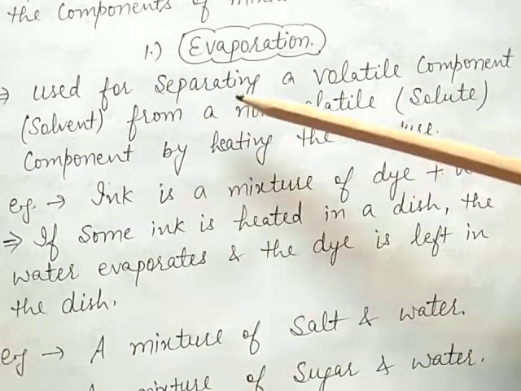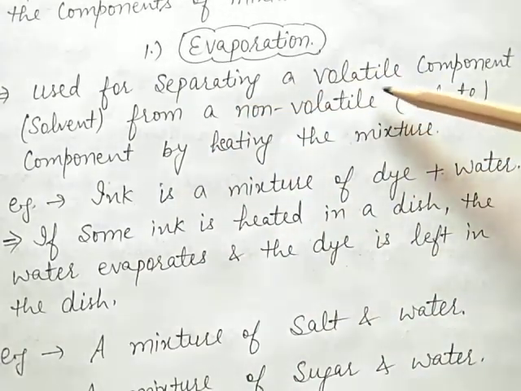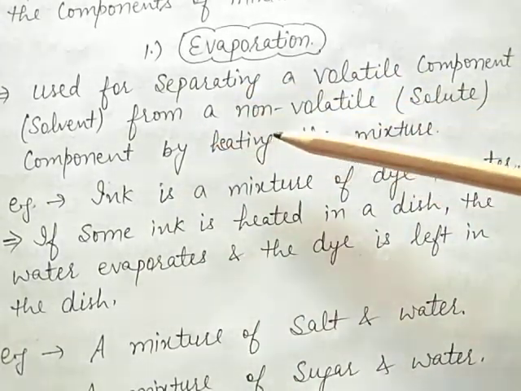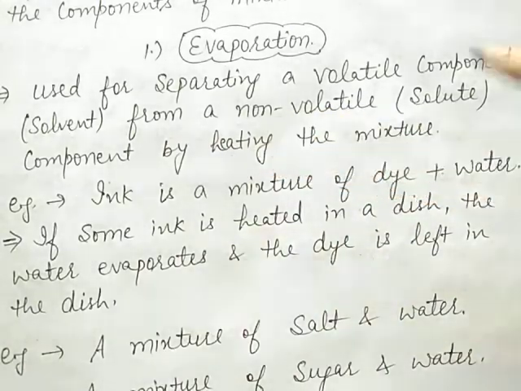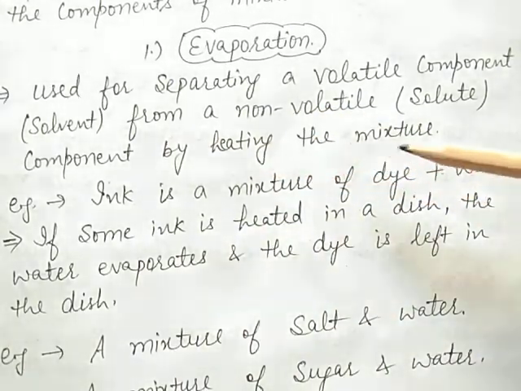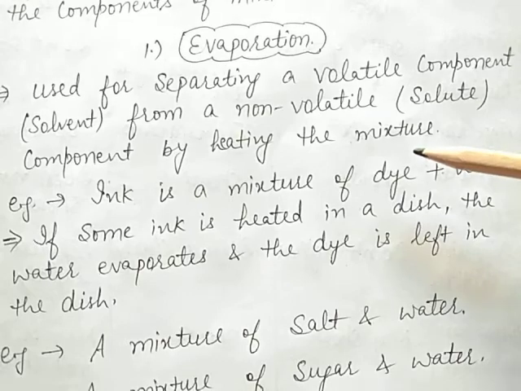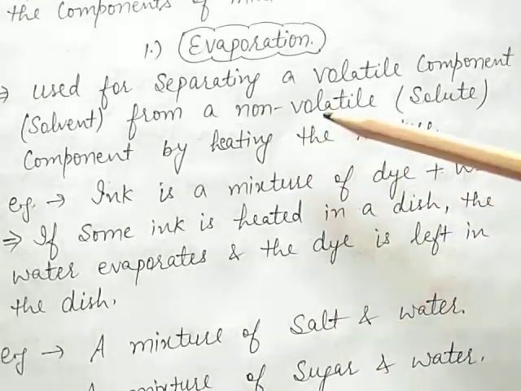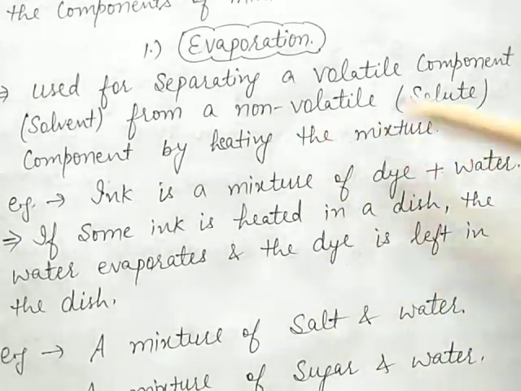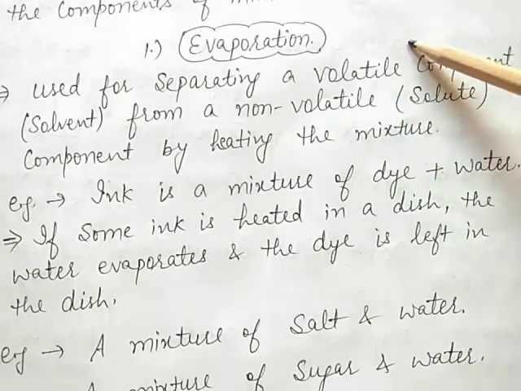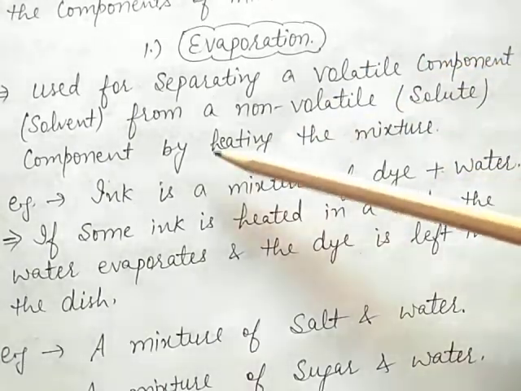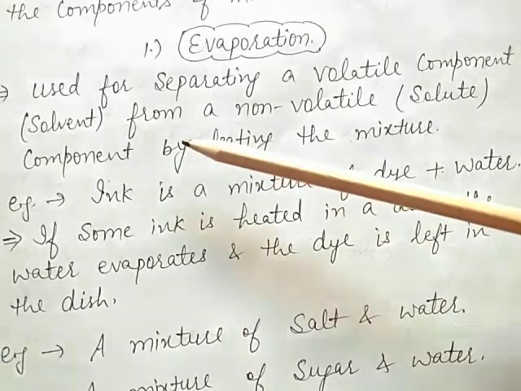This method is used for separating a volatile component, that is the solvent, from a non-volatile component, that is the solute, by heating the mixture. On heating, the volatile component evaporates, leaving behind the non-volatile component.